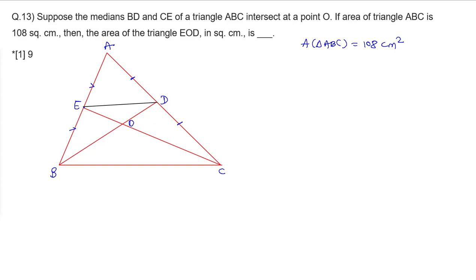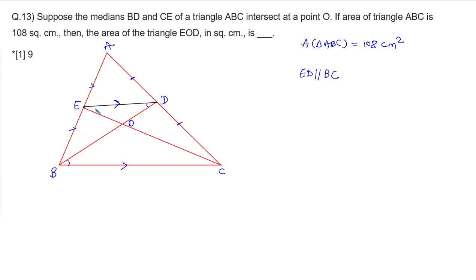The basic proportionality theorem says that in a triangle, if we join the midpoints of any two sides, that line is always parallel to the third side. So as E and D are the midpoints, I can say that ED is parallel to BC. So because of that, this angle is equal to this angle.